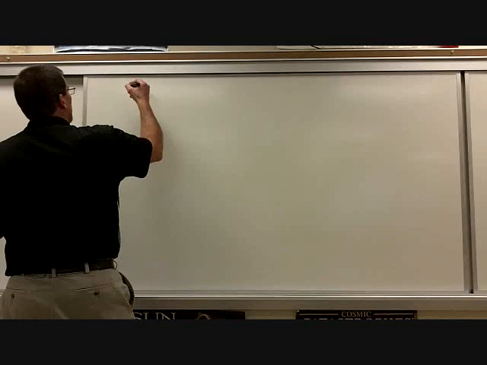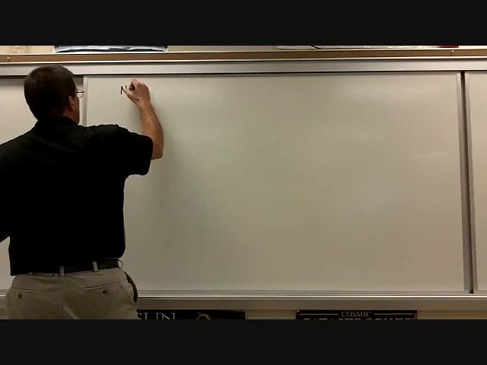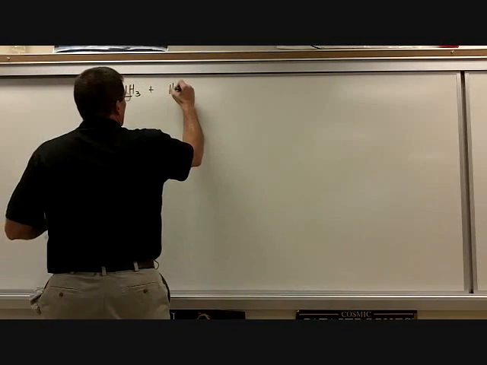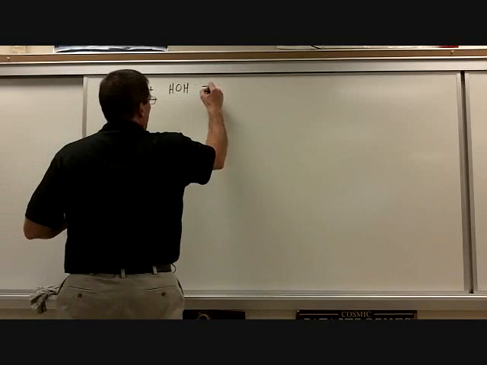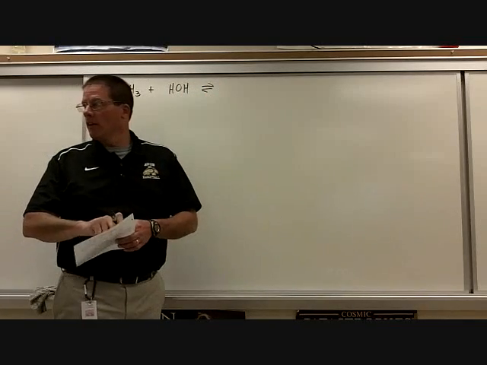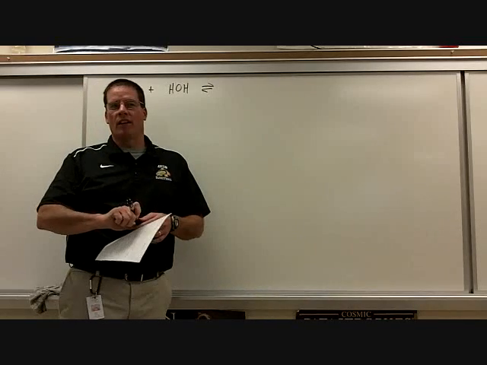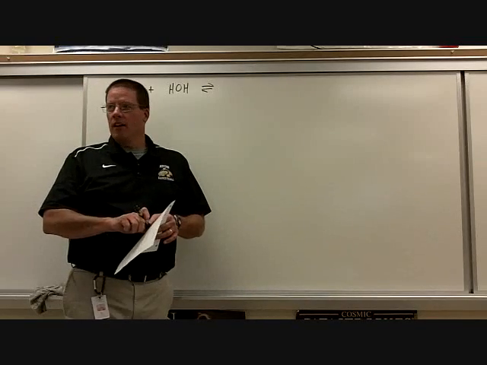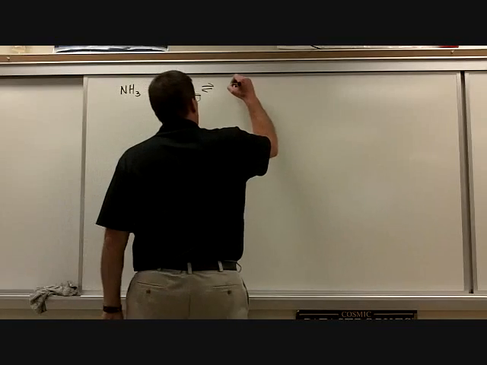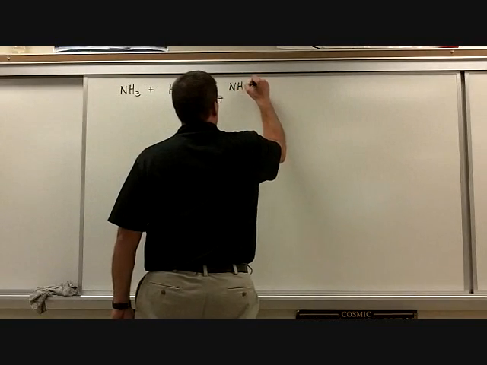Alright, so we have a solution where we have ammonia, and I'm going to write water this way. What are my products here? If ammonia is a base. Is it NH4? Good, NH4, so add it to the back.